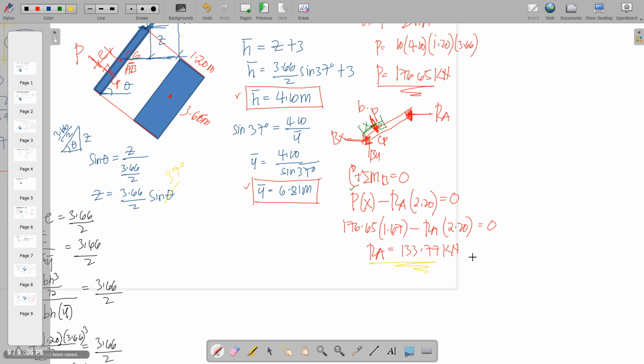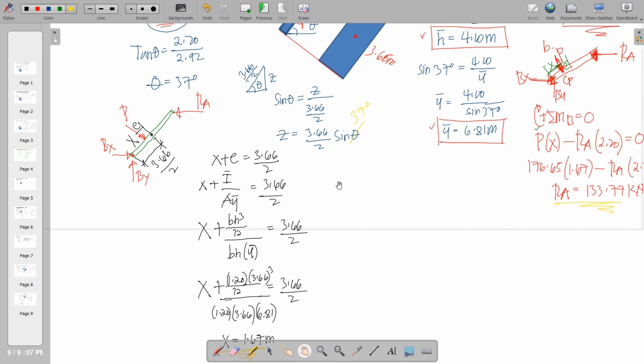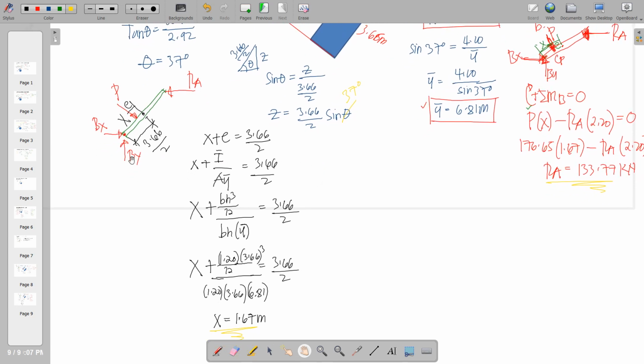Okay, finally, we look at the reaction at B. So for the reaction at B, we need to get Bx and By. So from this FBD, by FBD of AB, we'll just have to take summation of forces along x equal to 0. So remember this angle to be equal to 37 degrees.